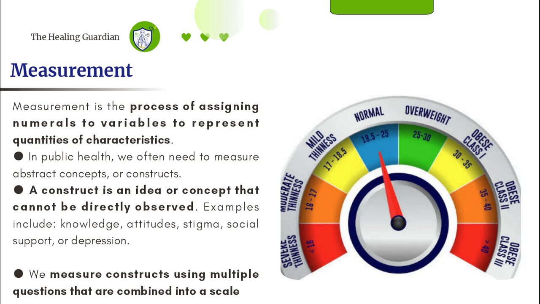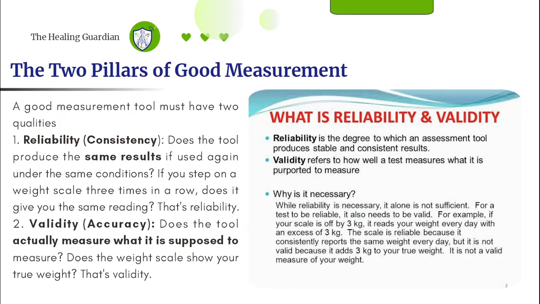Then I put values: strongly agree 5, neutral 3, strongly disagree 1. So I'm assigning numerals to variables in order to represent their quantities. We measure constructs using multiple questions that are combined into a scale. That is for public health research.